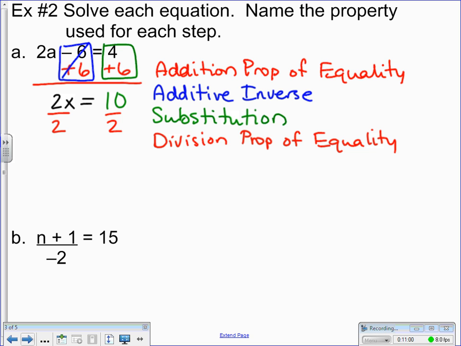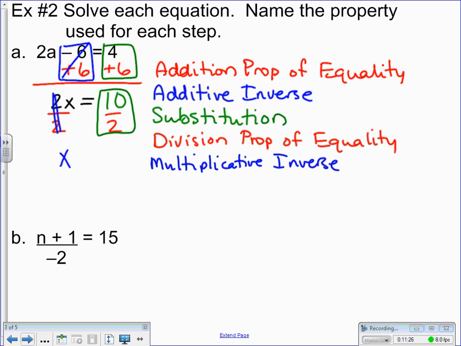Now, actually dividing by 2 and just getting x's, 2 divided by 2 is actually 1. Dividing by two things and getting 1 is actually the multiplicative inverse. Because dividing is really multiplying. And if you multiply or divide and get 1, that's always going to be the multiplicative inverse. And over here, 10 divided by 2 is 5.